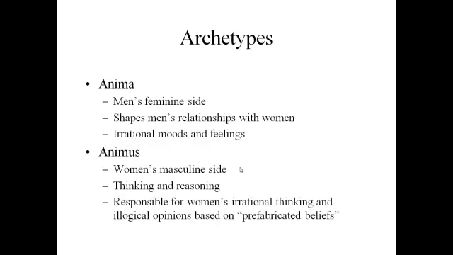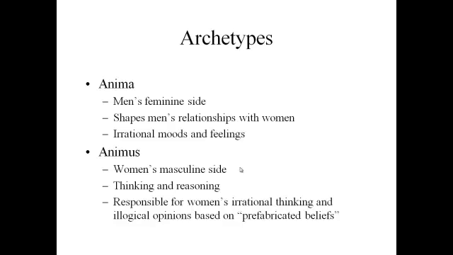The anima is the feminine in all of us. This is the man's feminine side that comes out in the anima. And this shapes our relations. Me being a man, it shapes my relationship with women, this feminine side that comes out. The idea is that you have irrational moods and feelings, presumably, that come about.